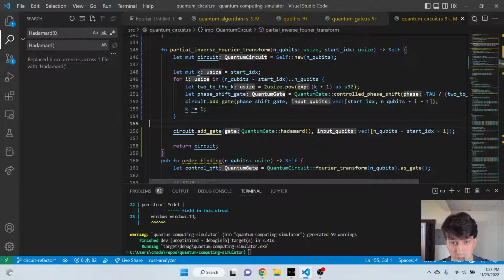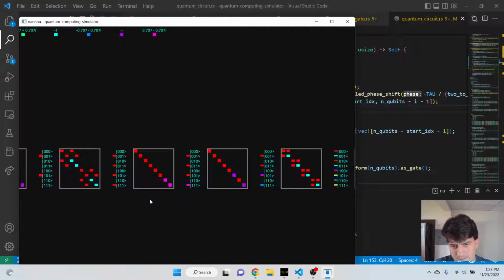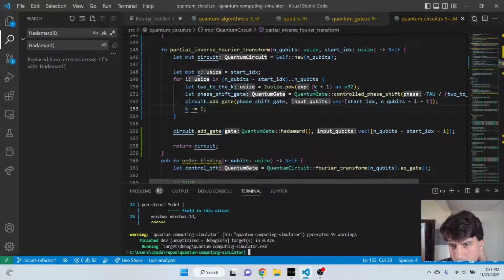So hopefully last but not least, the point here is that rather than doing to the 0 to the 1, so this is when start IDX is 2.